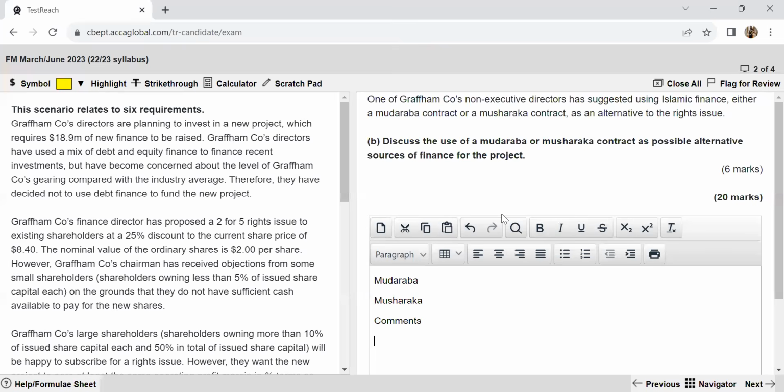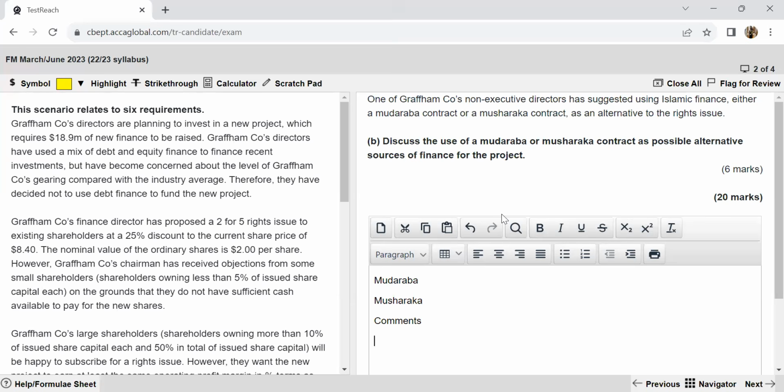So first of all, we talk about Mudaraba. For Mudaraba, first of all, you will explain what it means and what it will mean for the Graffham company, right? So Mudaraba basically is a profit sharing agreement between investors and the company. The investor will become the sole provider of the capital.